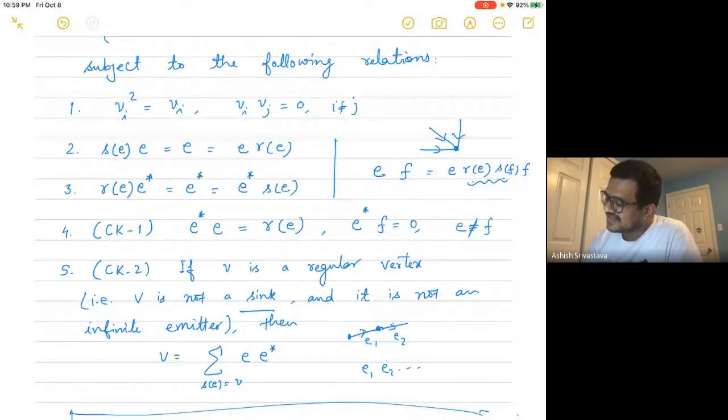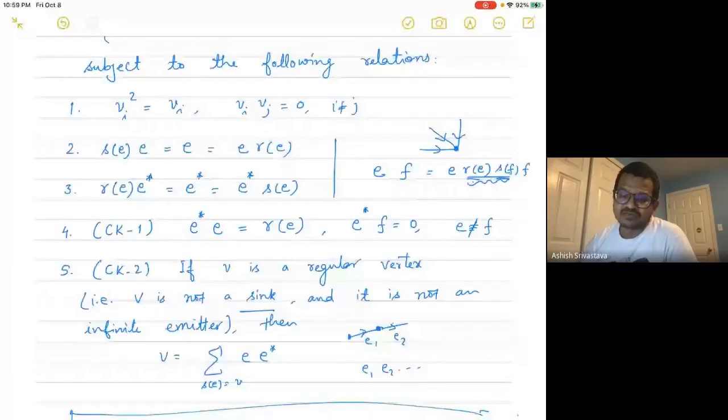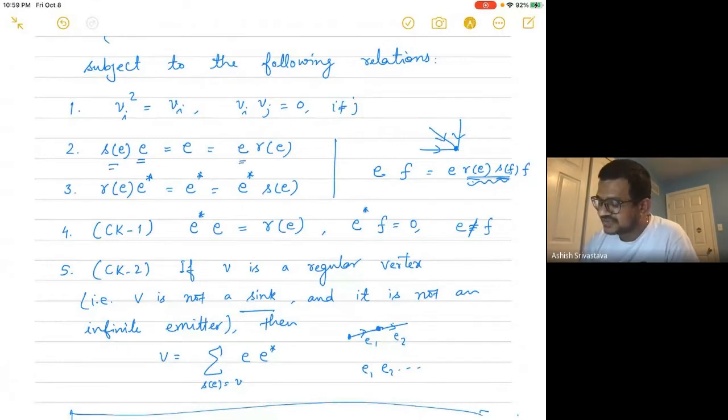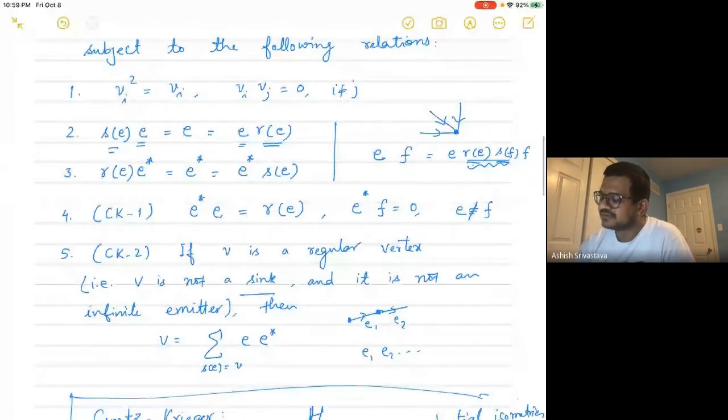So what does that tell us? Range of E equal to source of F means E and F are adjacent. So then you have the usual concatenation, and this survives. Otherwise, this product will go to 0. Also, suppose you say you didn't say anything about an arbitrary vertex and an edge.